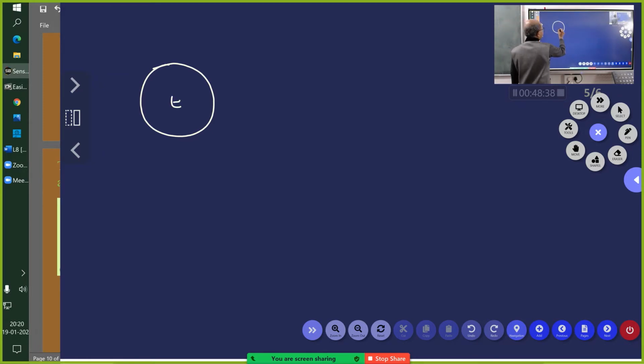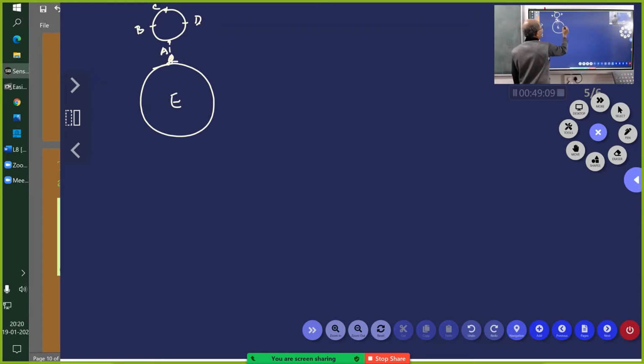If you say this is earth, and this is moon, now mark some points here, say A, B, C, D on the moon. Now supposing you are standing here and you are seeing this point A of the moon. And assume that the axis of rotation is passing perpendicular to the board.